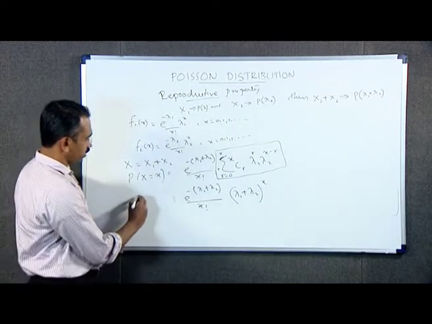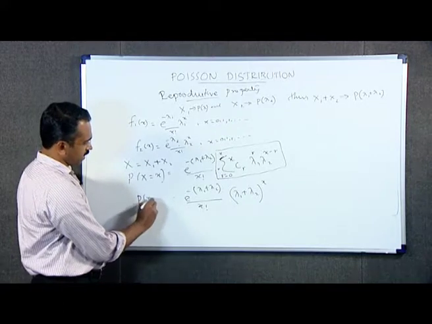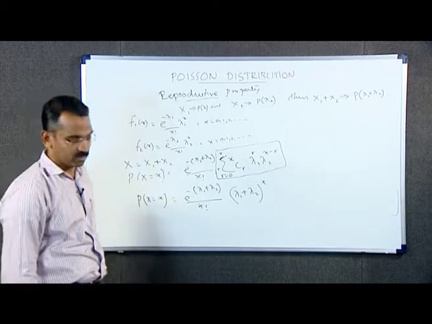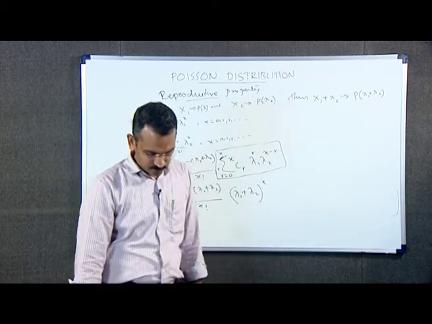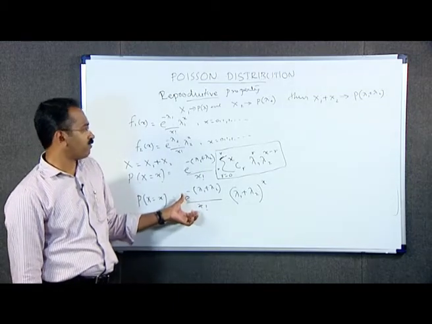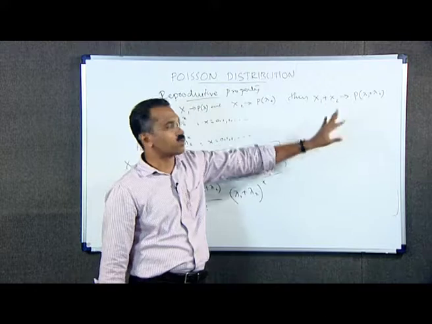That is probability of capital X equal to small x, where capital X is our x1 plus x2. This is the probability function of this sum x1 plus x2.